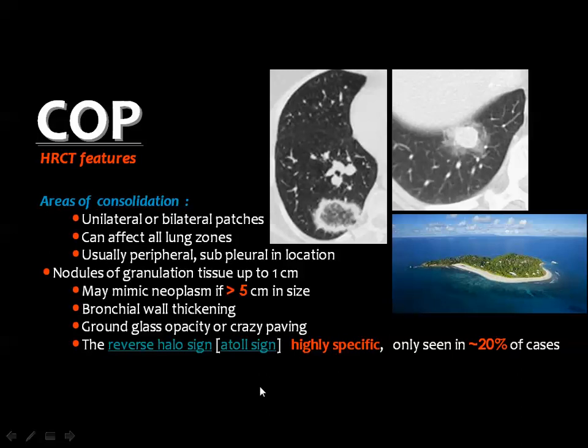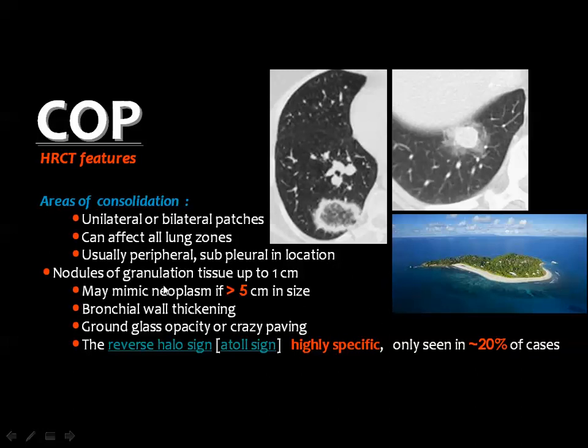Then the appearances of cryptogenic organizing pneumonia are usually in the form of multiple patches of this reverse of halo sign. They may be unilateral or bilateral. They can affect any part of the lung, and are usually peripheral and subpleural in location.